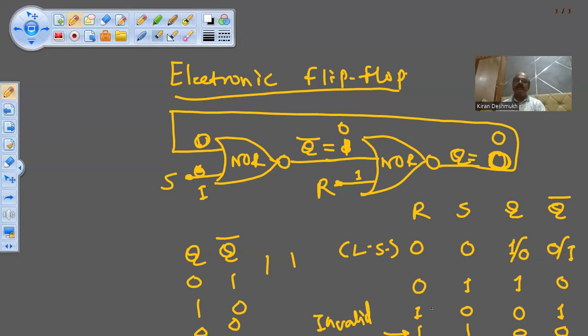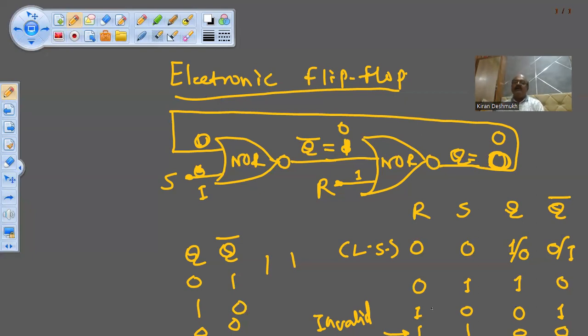The first state is when both R and S are 0, 0: Q and Q bar are in the last state. That is Q is 1 and Q bar is 0, or Q is 0 and Q bar is 1. This is called the last state. Second state is when S is 1 and R is 0, Q will be 1 and Q bar will be 0 compulsorily. When S is 1, Q is 1. When S is 0, Q is 0.